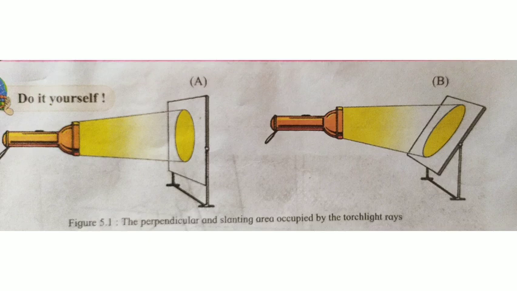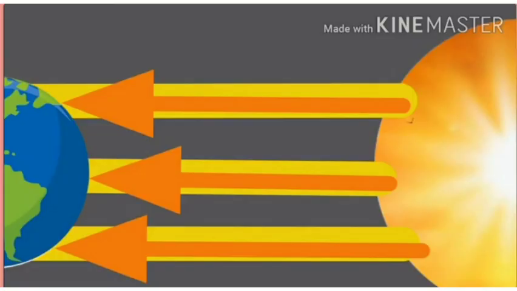The relation between the angle of the paper and the area occupied by the beam is this: when the angle of the paper with the beam is of less degree, the area occupied by the beam is smaller. On the other hand, when the angle of the paper with the beam is of more degree, the area occupied by the beam is larger.